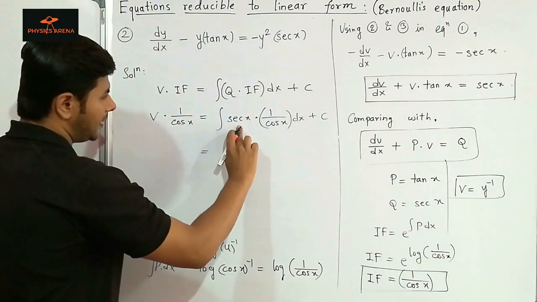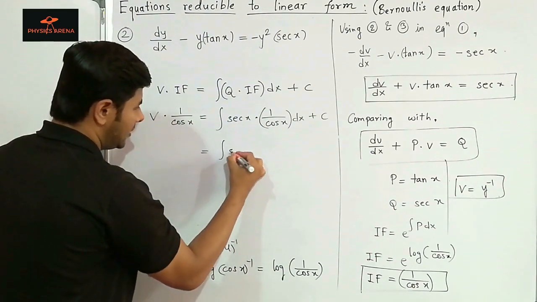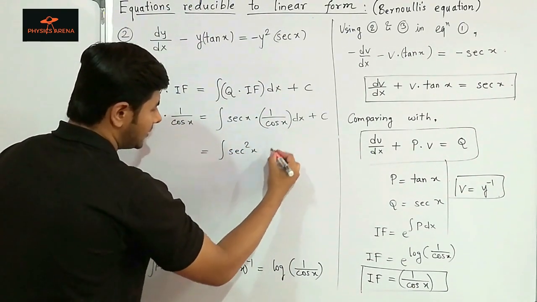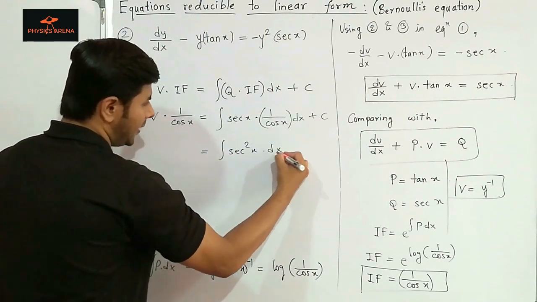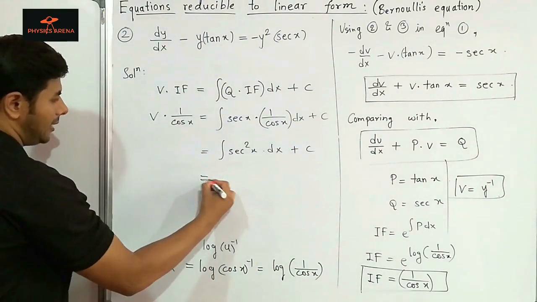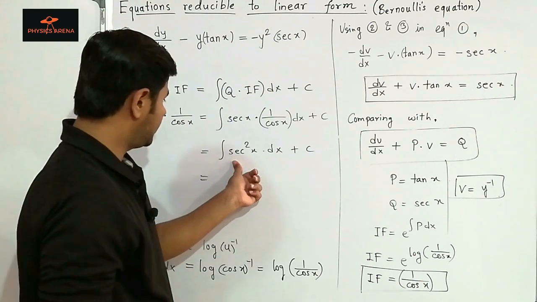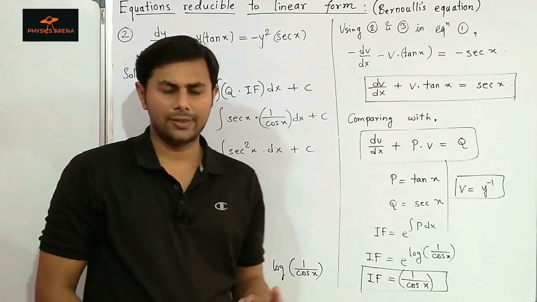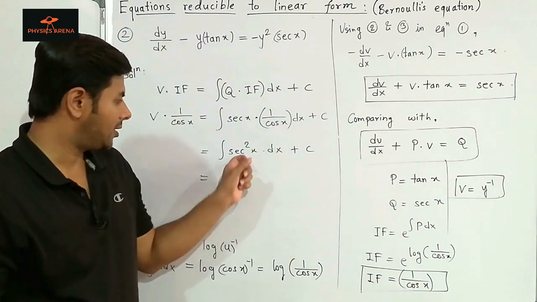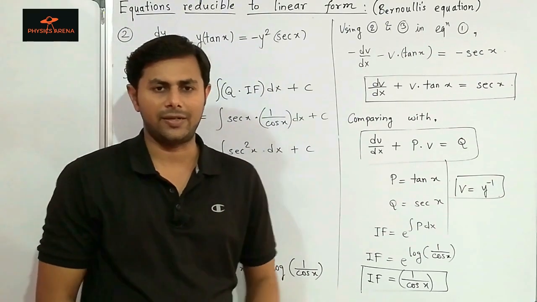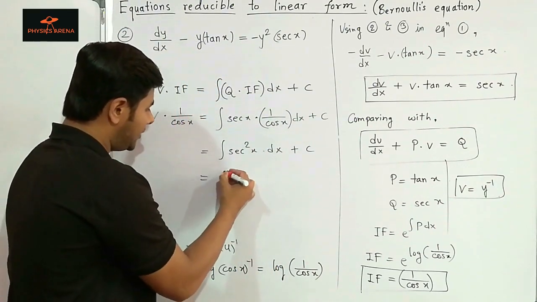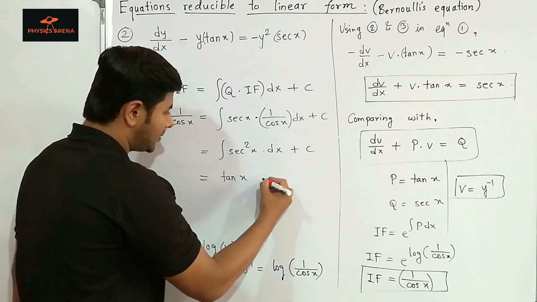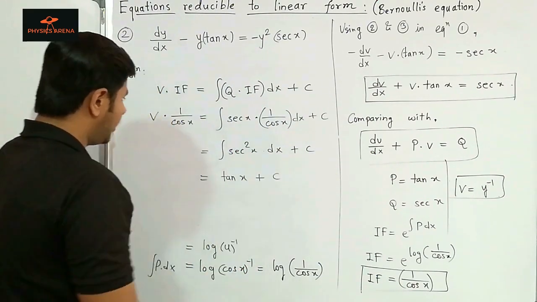So this is sec x multiplied by sec x, sec square x dx plus c, and since sec square x is derivative of tan x, integral of sec square x is tan x. So its integral is just tan of x, and we have the c here.